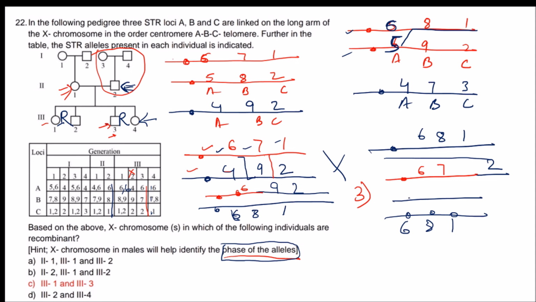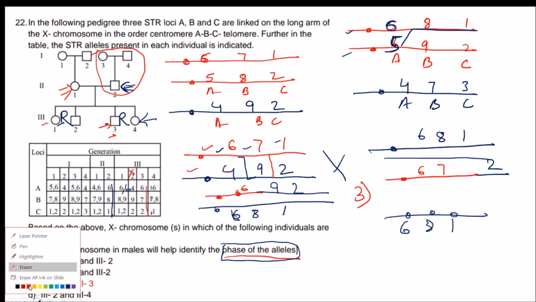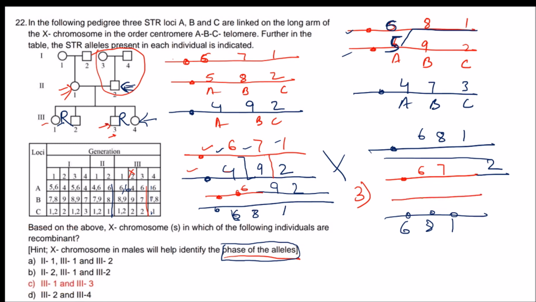They have inherited it from the mother as 6, 7, 1, or better I will write it with the help of red ink, like this: 6, 7, 1. So you can see here no recombination is here.